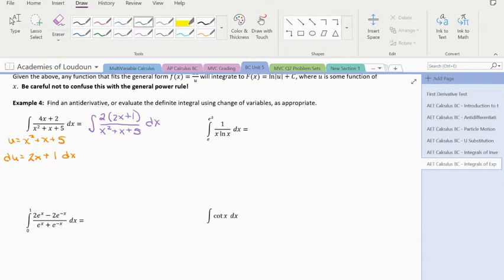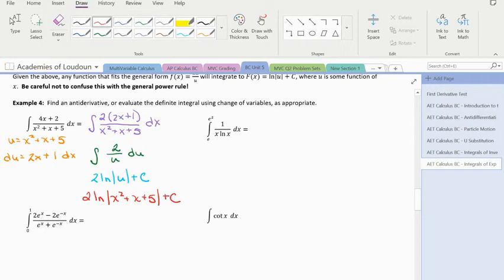So we should be able to recognize that this is then the integral of 2 over u du, which gives me then 2 times the natural log of u plus c. Substitute in our u, 2 times the natural log of x squared plus x plus 5 plus c.